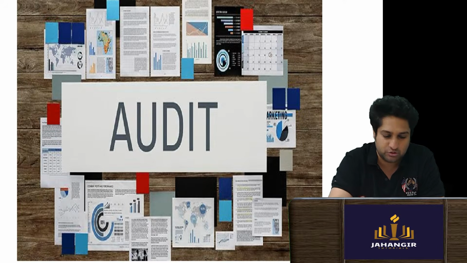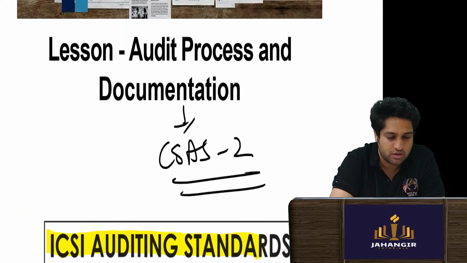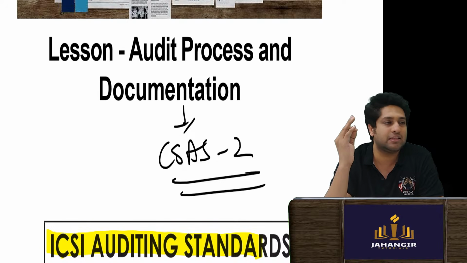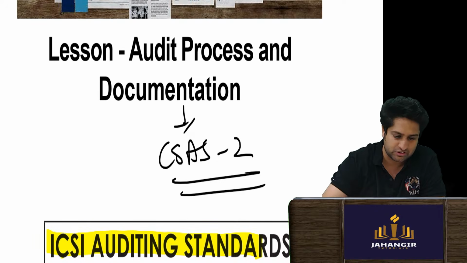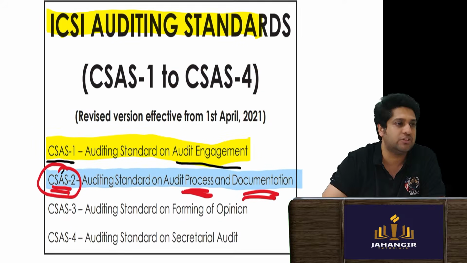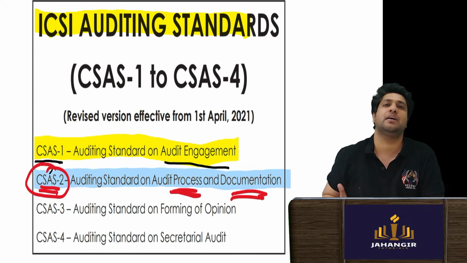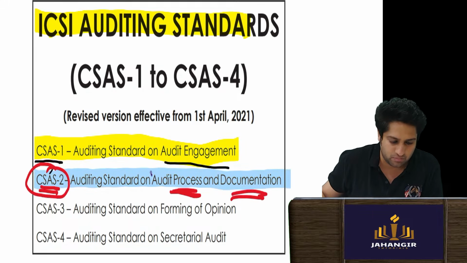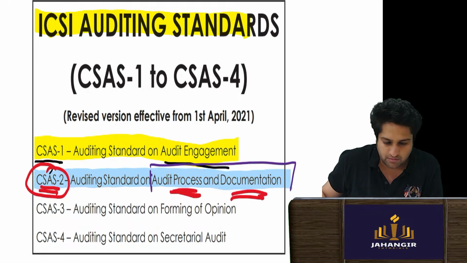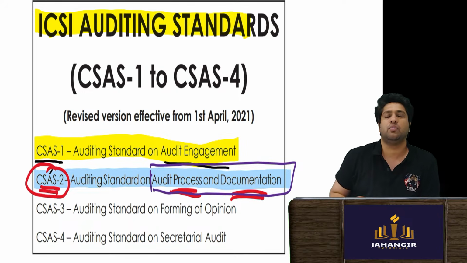Now we are coming to the next chapter, your lesson on audit process and documentation. Now, very simple. Once I have appointed an auditor, the next step is really the process and what all documentation will be involved.